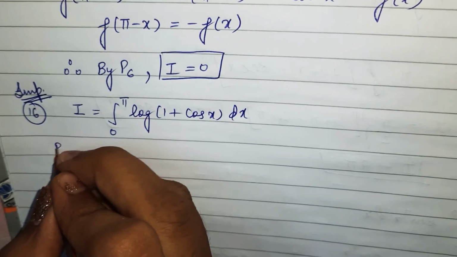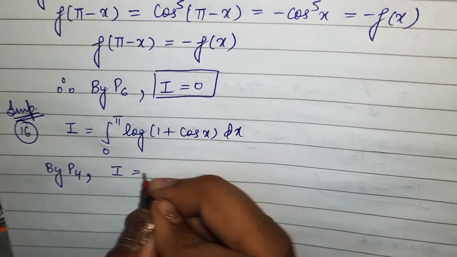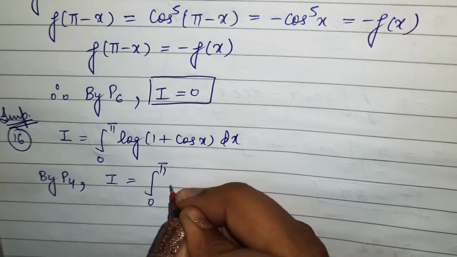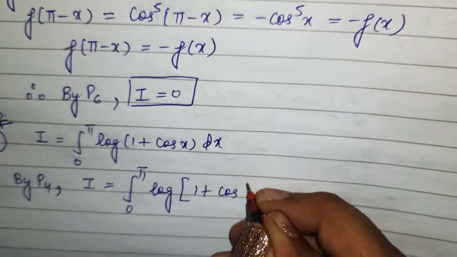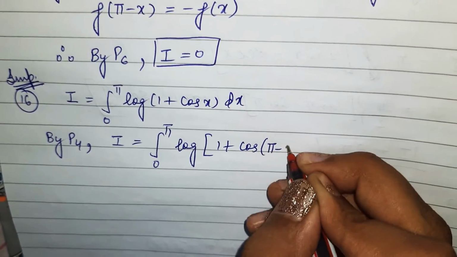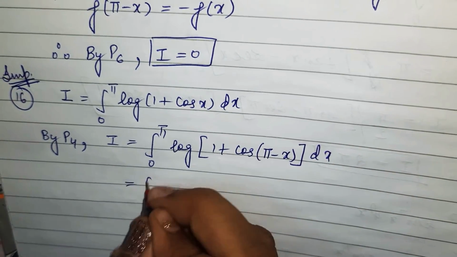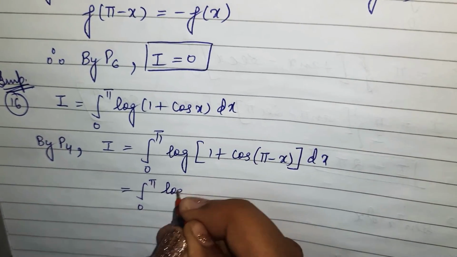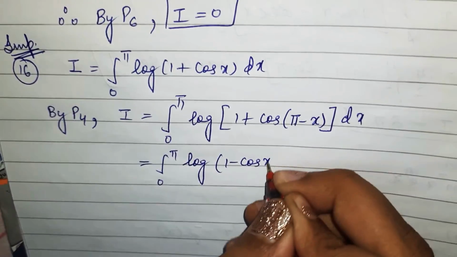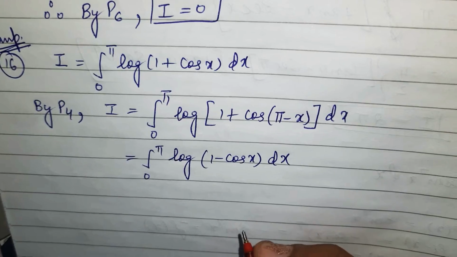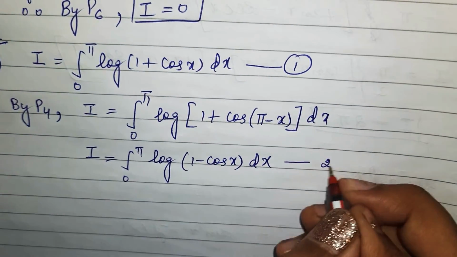Now by P4, everybody is aware, I is the integral from 0 to pi of log of 1 plus cos of pi minus x dx. So I am getting the integral from 0 to pi of log of 1 minus cos x dx. So mark it as 1 and this as 2.